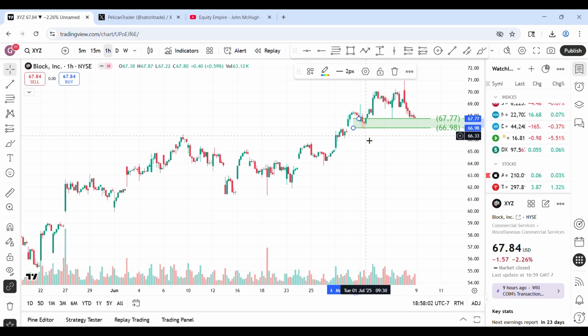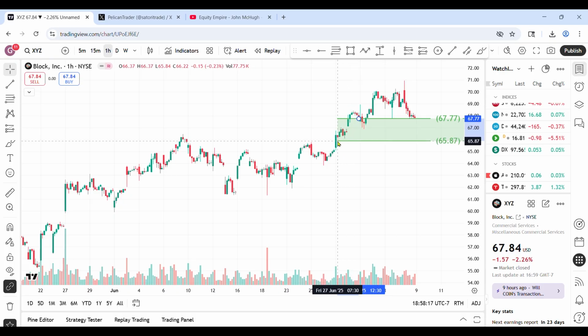Okay, so there's one support level from 67.77 to 66.98. And there's a support level just below that. So instead of drawing another support level just below that, I'm going to combine these two support levels and call it one support level. Okay, so we've got a support level right there between 67.77 and 65.84.